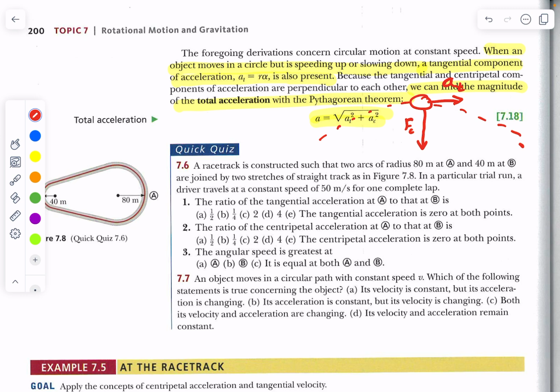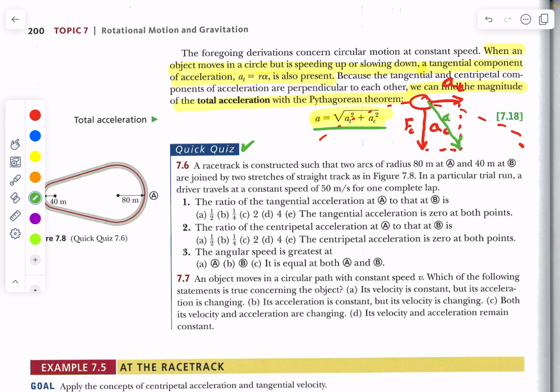And this centripetal force, if we cancel out the mass, we're going to have a centripetal acceleration. If we add these two vectors together, then this is my resultant vector right there for those two accelerations. And we could solve for this total acceleration A using the Pythagorean theorem.